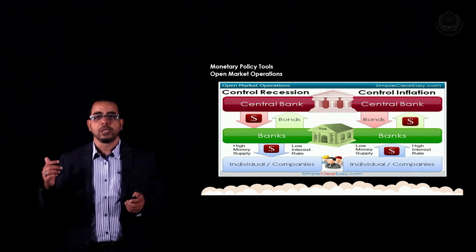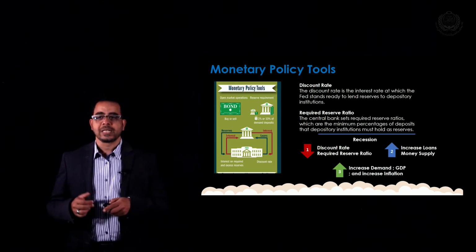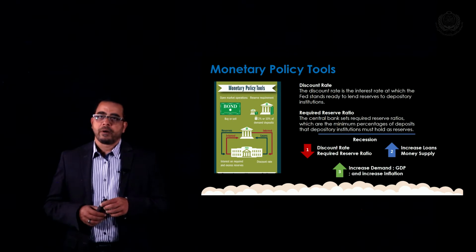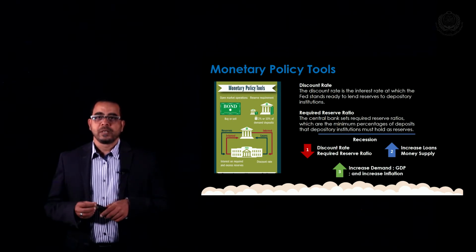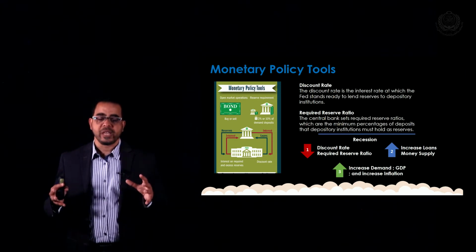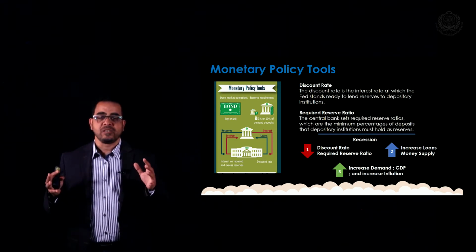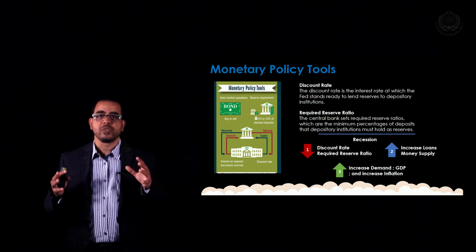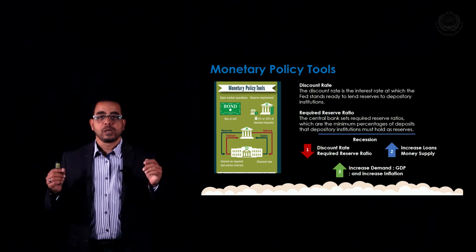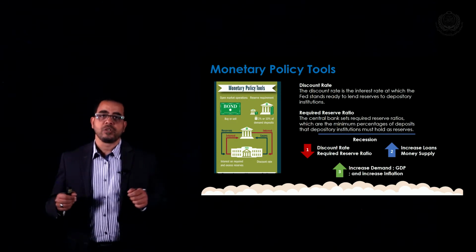Let's talk about the second tool, which is the discount rate. We remember from our previous chapter that banks have to keep part of their deposits as a reserve. They cannot loan it, and this part is determined by the reserve ratio, which is set by the central bank.